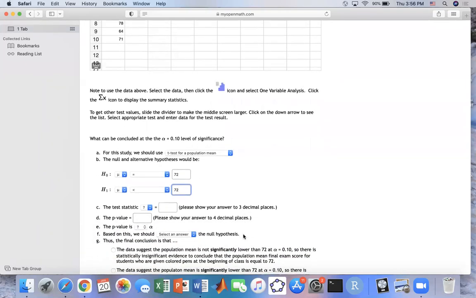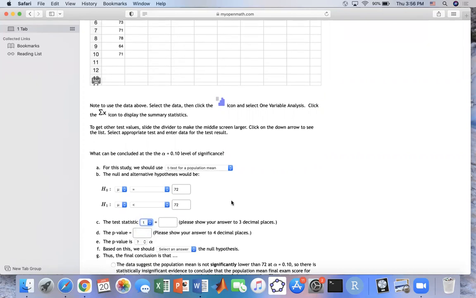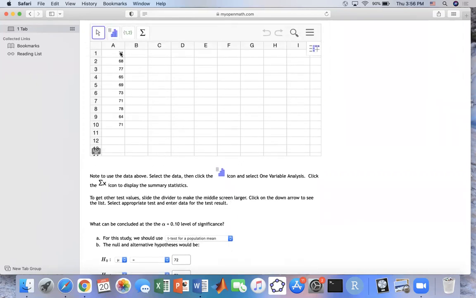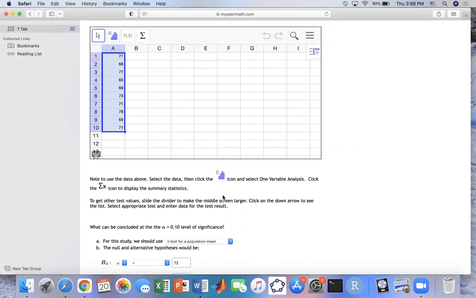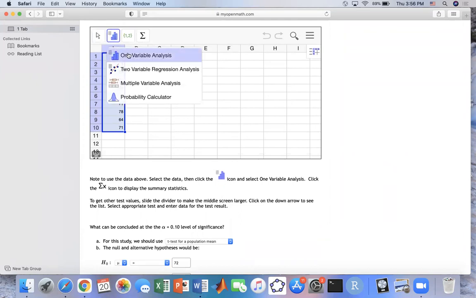Then, because we use a t-test, we have to find the test statistic, therefore we need to know the t-value. So we're going to go back here and get the data right here. First, you highlight the data, and then you click on this symbol, One Variable Analysis.